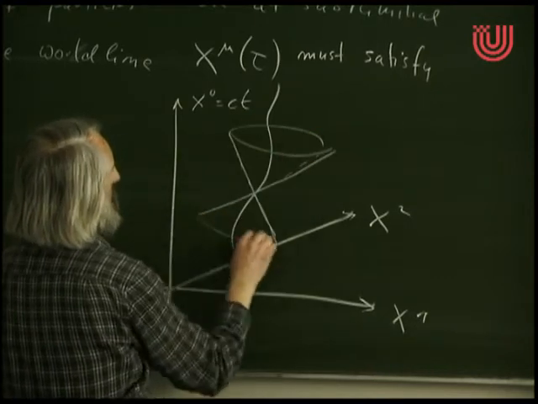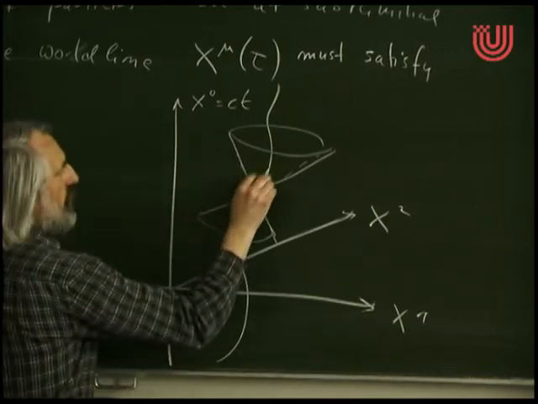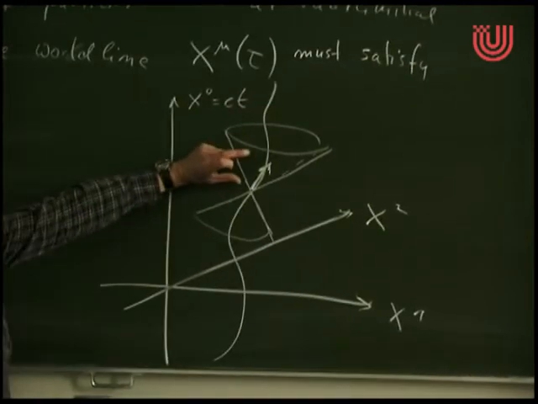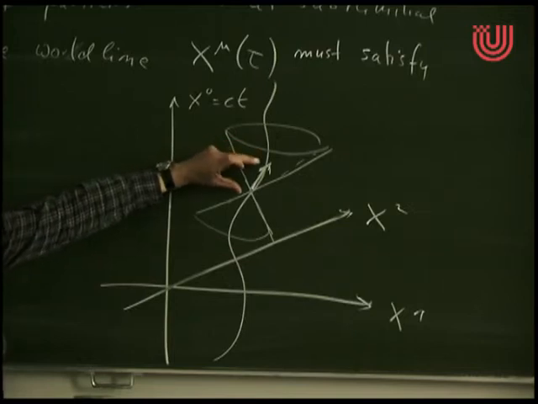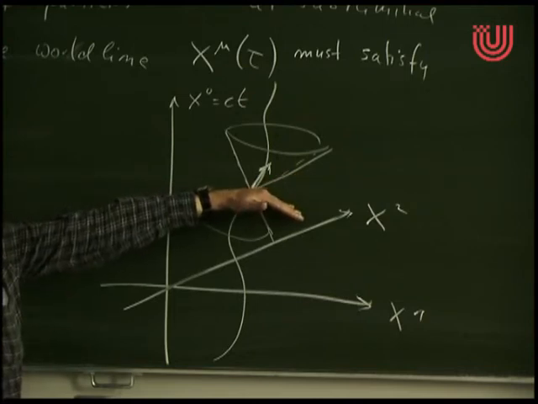At each point I can draw the light cone, and the condition is that the tangent vector to the curve must be inside the light cone. So it must be what we call a time-like vector. Remember, time-like were the vectors which lie inside the light cone, light-like were the ones on the boundary, and space-like were the ones which point to the outside.